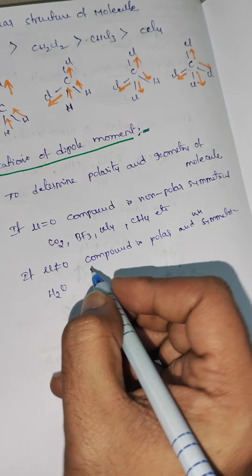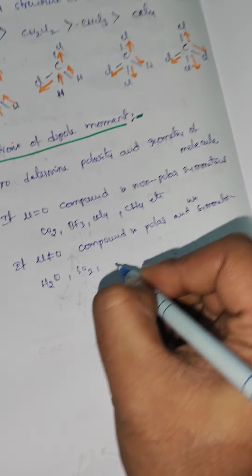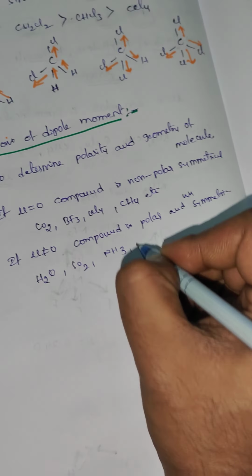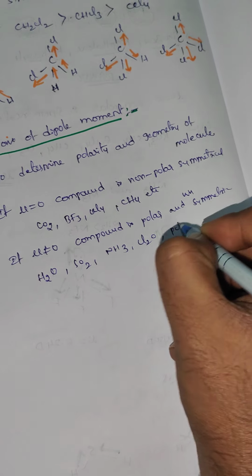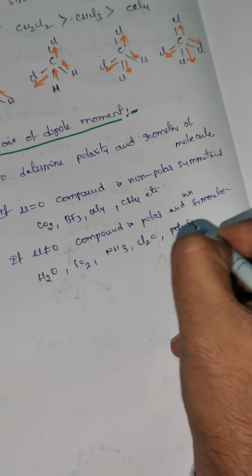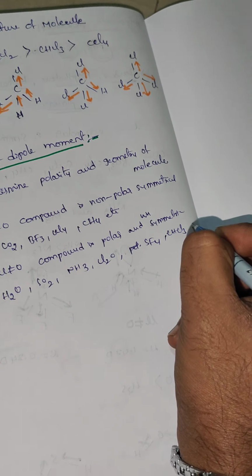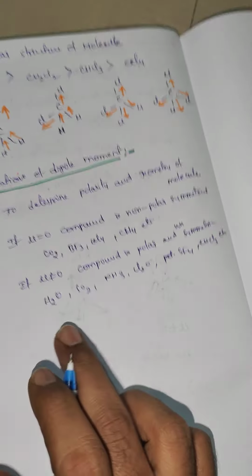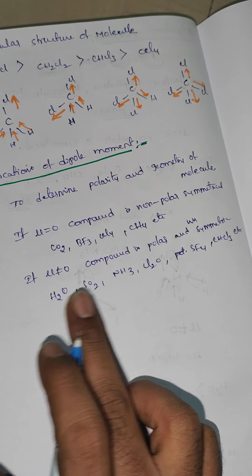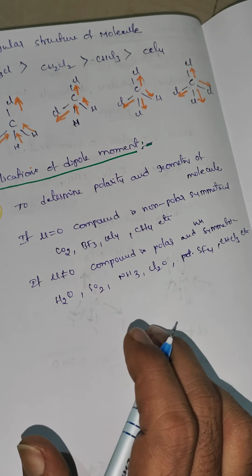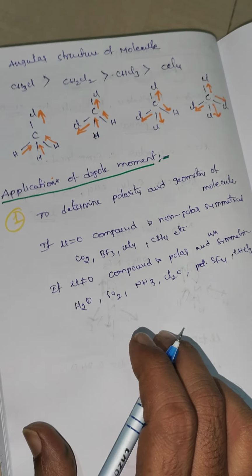Examples: H2O, SO2, NH3, Cl2O, SF4, CHCl3. These are all unsymmetrical. Dipole moment is not equal to 0, so the compound is polar and unsymmetrical. This is the first application.